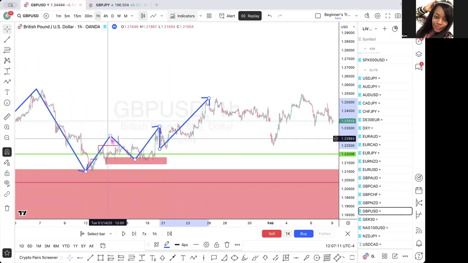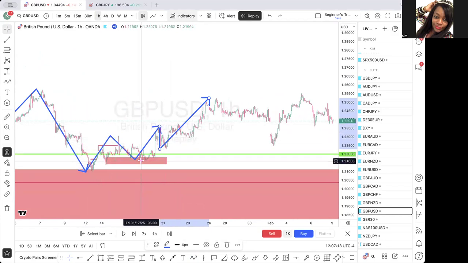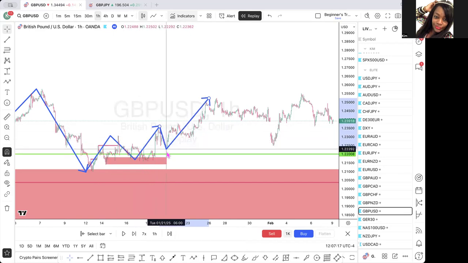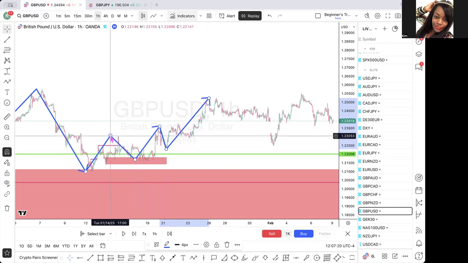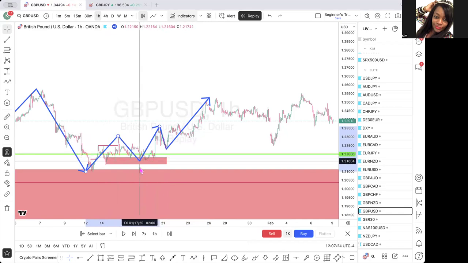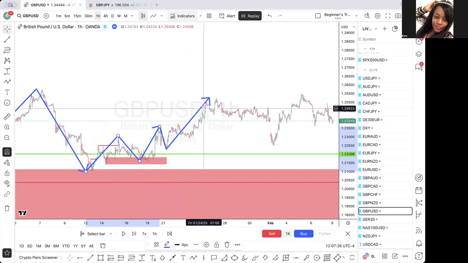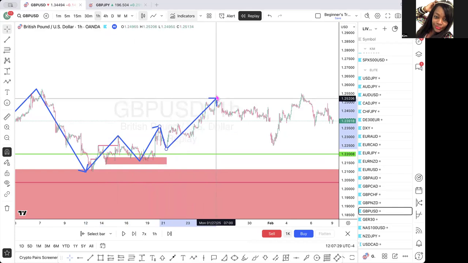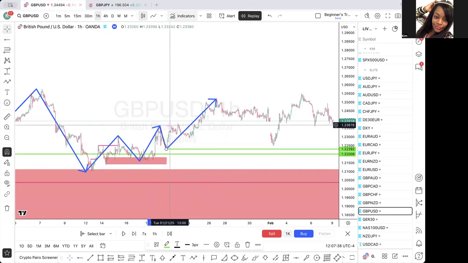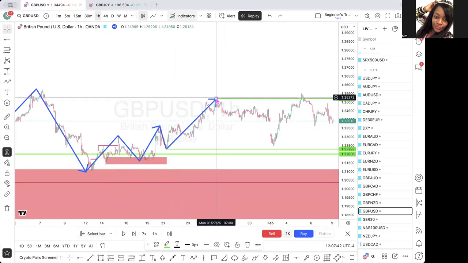Price pushed up, pulled back, pushed up, pulled back here, pushed up here, pulled back here, and I'm just taking it to the lowest points. And then price pushed up, and I'm going to take it to the highest point. So if you understand higher time frame structure, that's your swing low, and this is your swing high.